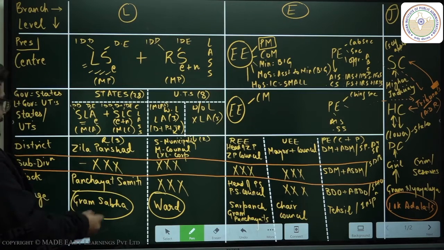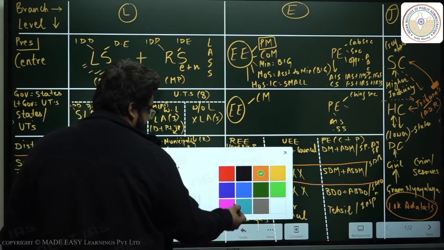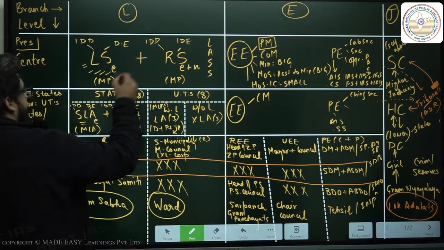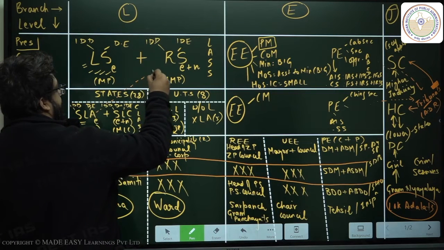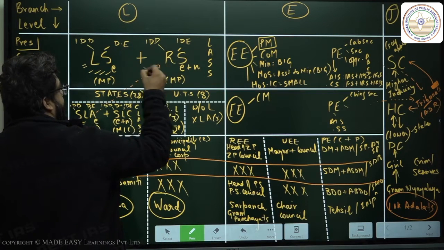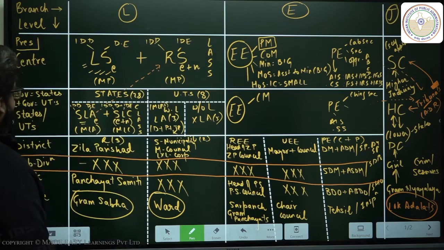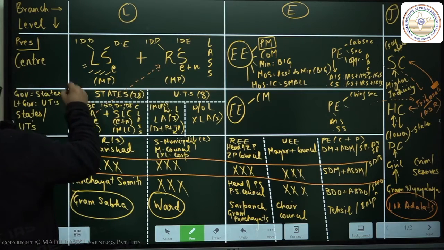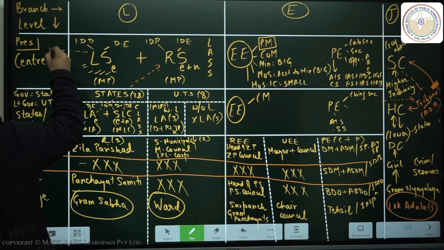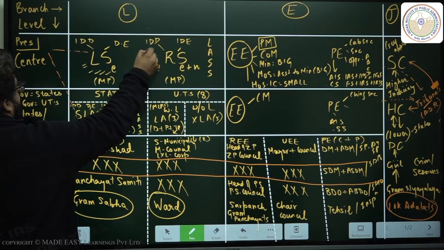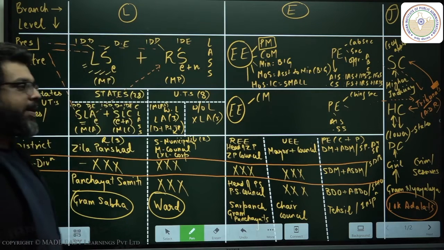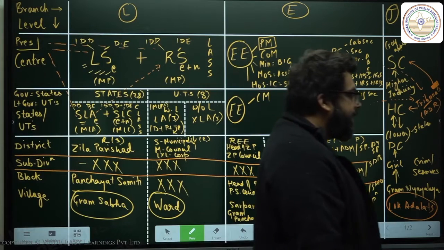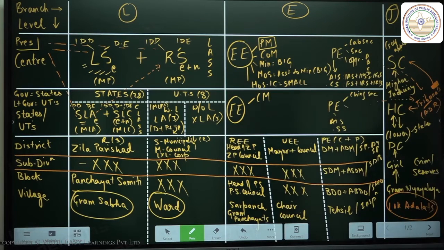Like, for example, elected members of the legislative assemblies choose members of the Rajya Sabha. The president is chosen by the MLAs, by the Lok Sabha MPs, and by the Rajya Sabha MPs, right? So we can draw these parallels. We can keep understanding this in the context.